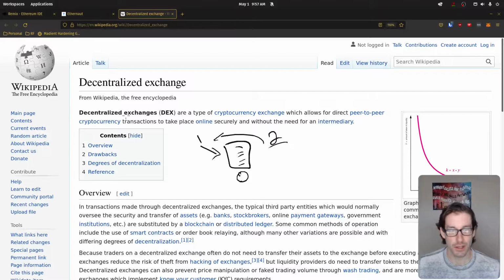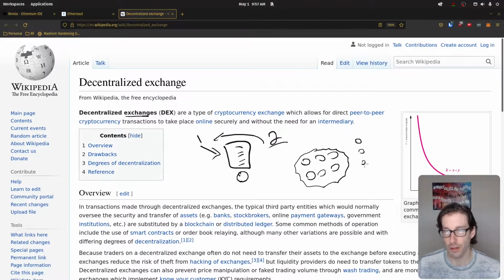Well, with decentralized exchanges, it's slightly different. What they're going to do here is have a liquidity pool or multiple liquidity pools. So we can say this is our liquidity pool here, and inside of this liquidity pool, there's going to be a series of different types of tokens. The liquidity providers tend to be a series of individuals or groups. So we can say all these groups are providing liquidity to this pool to be exchanged.